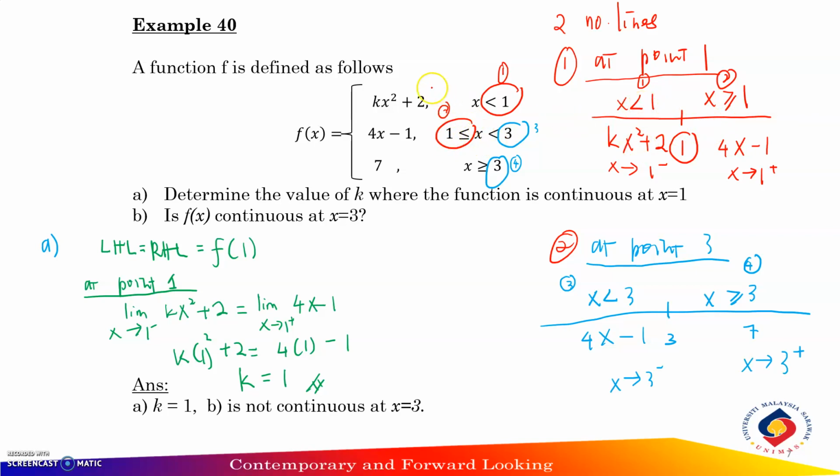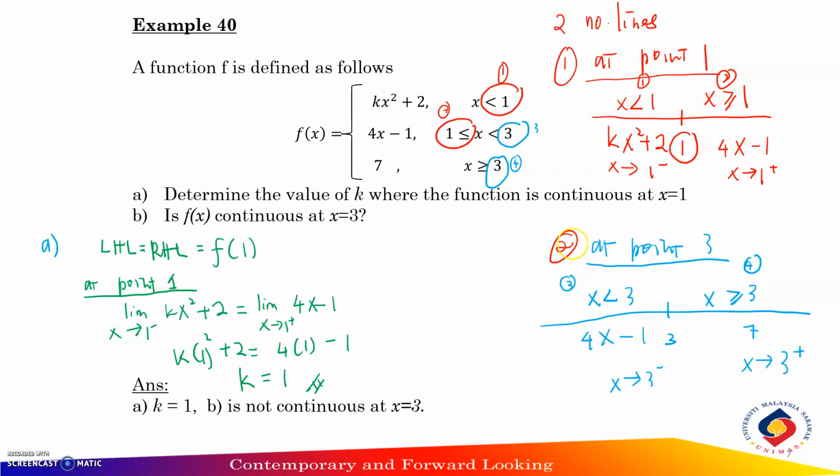For x less than 1, the function is kx squared plus 2, and for x greater than or equal to 1, the function is 4x minus 1. Then we can get the limit from the left and from the right based on this number line.